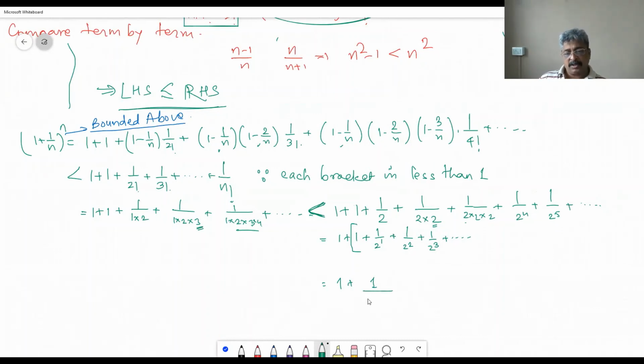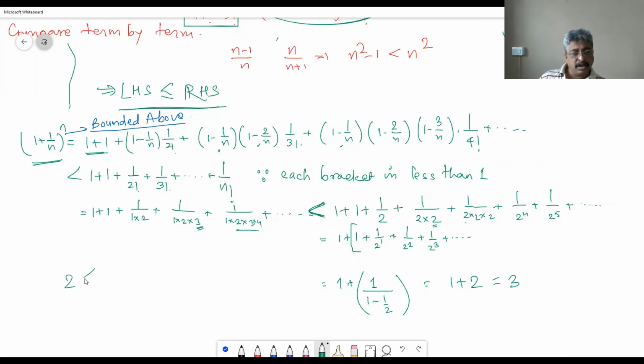So a upon 1 minus r, that is the answer for this geometric progression, which is equal to 1 plus 2, which is equal to 3. So this quantity will never exceed 3, and it will never be less than 2.